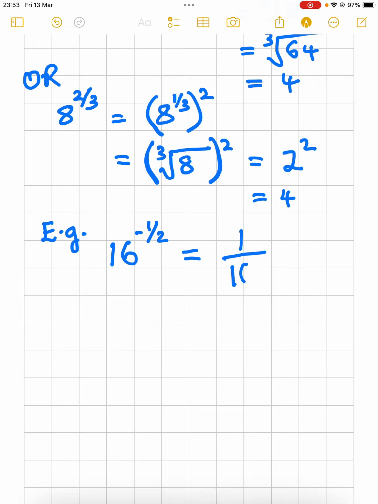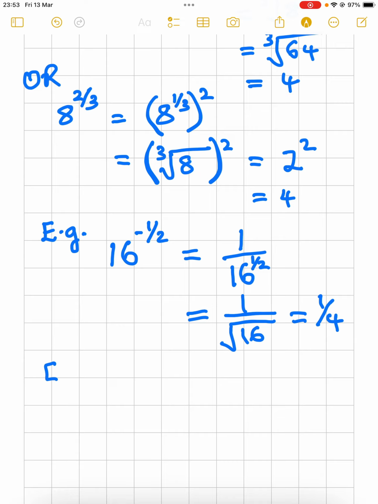So you have 1 over 16 raised to power half. That's the application of the negative rule. This is 1 over the square root of 16, which is 1 over 4. When you see a negative fractional index, apply the negative rule first.